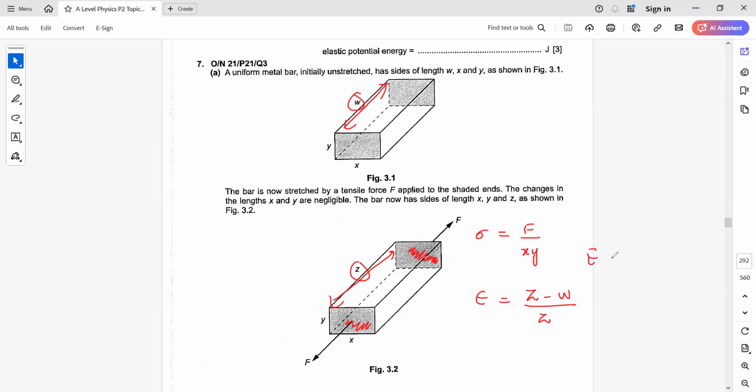And then Young's modulus, E, that is stress over strain. So that's Z minus W over Z. So that would be F over XY multiplied by Z over Z minus W. So FZ over XY into Z minus W is going to be the Young's modulus.